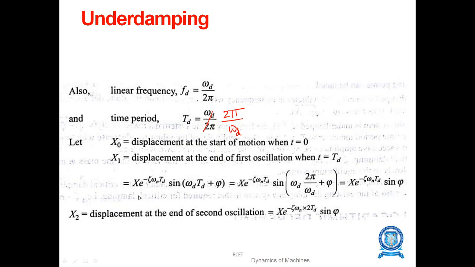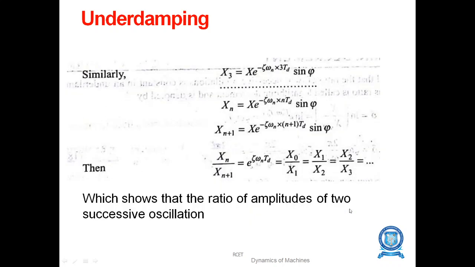Substituting these values in the equation, we get h2, the displacement at the end of the second oscillation, capital H into e power minus eta omega n into 2 td into sin phi.